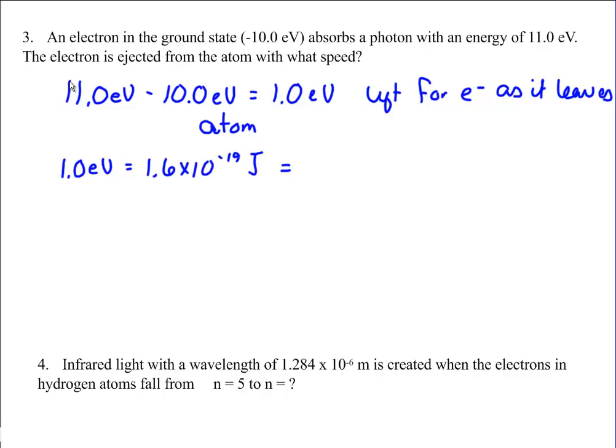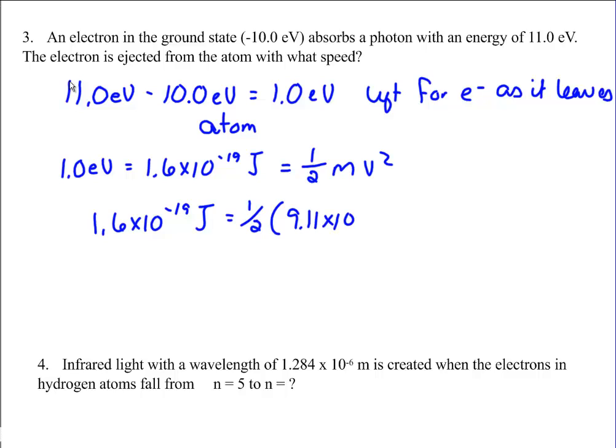That's equal to the kinetic energy of the electron, so 1/2 times the mass times the velocity squared. So we have 1.6 times 10 to the negative 19 joules equals 1/2 times the mass of an electron, 9.11 times 10 to the negative 31 kilograms, times v squared. And we find a velocity of our electron of 5.93 times 10 to the 5th meters per second.